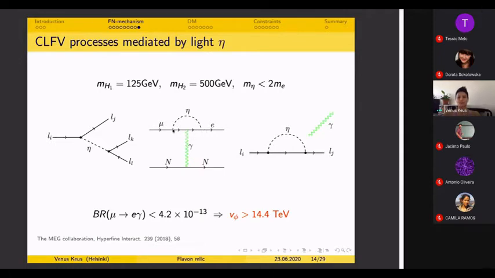Here you could assume this is also a muon, so you have no flavor violating vertex, which would reduce the cross-section or the branching ratio of this process, whereas here you would have a CLFV vertex. And there's the mu to E gamma process, which, as I said, is the most constraining one.